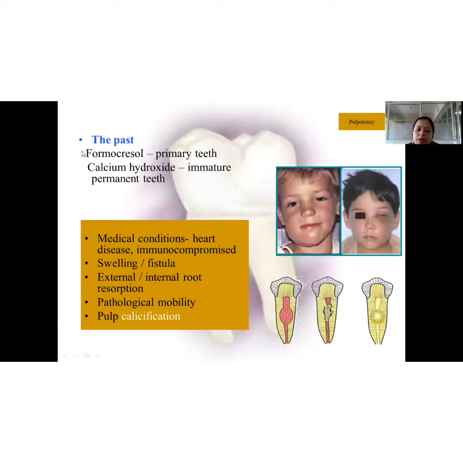In the past, they used formocresol and primarily then calcium hydroxide in immature pulp, but there are contraindications of using formocresol: medical conditions like heart disease or immunocompromised patients, then swelling or fistula, external and internal root resorption, pathological mobility, pulp calcification.